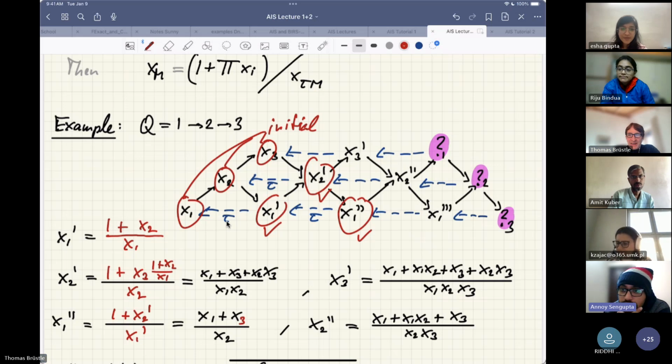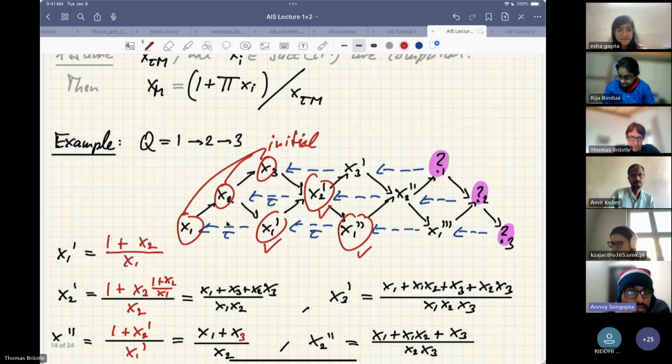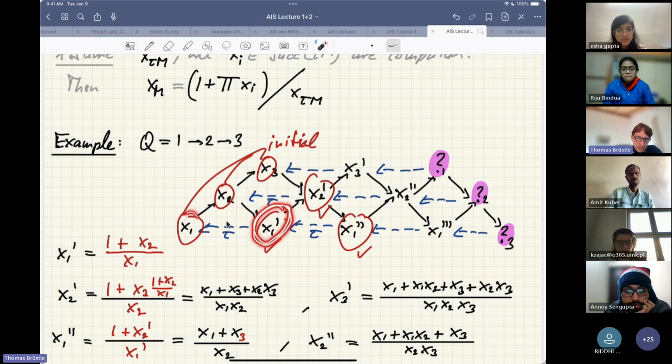Yes. So for X1, you looked at the successors of X1, right? In place of that pi of Xi. And for X2, you looked at the predecessors. Why is that? If I compute this variable, I divide by tau of the variable and I take 1 plus the product of everybody that goes in.